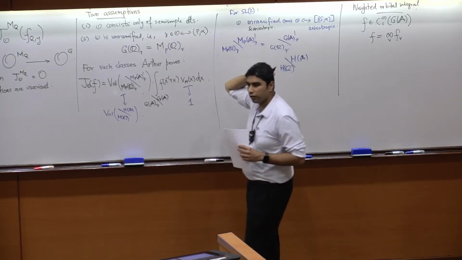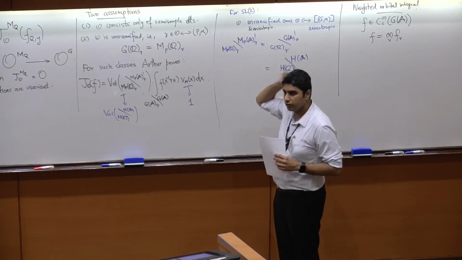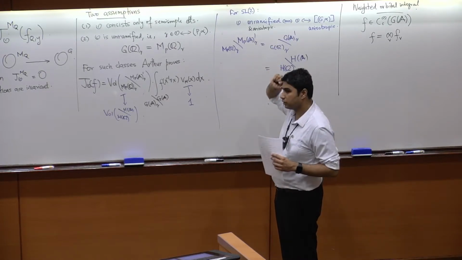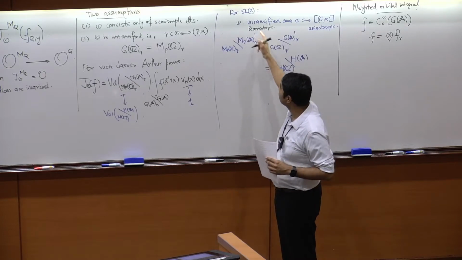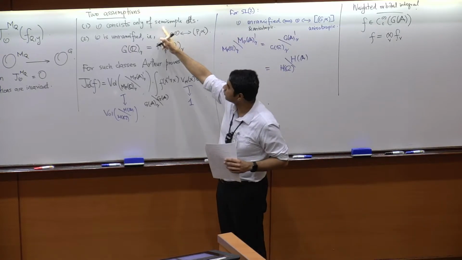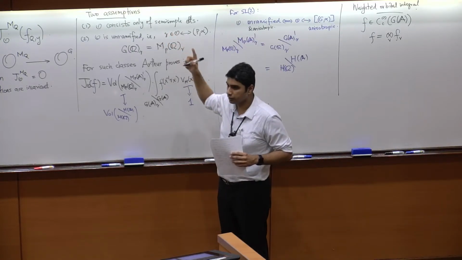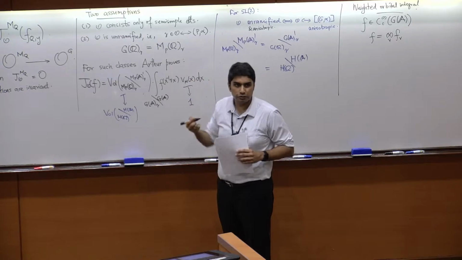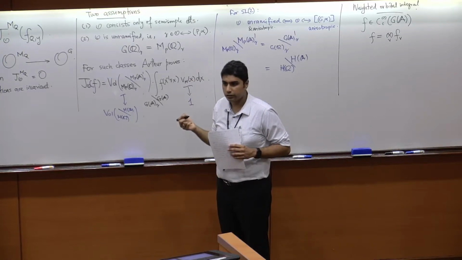No. Wait. It is automatic, I think, right? They have to satisfy this condition also: O consists entirely of semisimple elements. Yeah, but in the SL2 case, it is just the T, T inverse case, right?